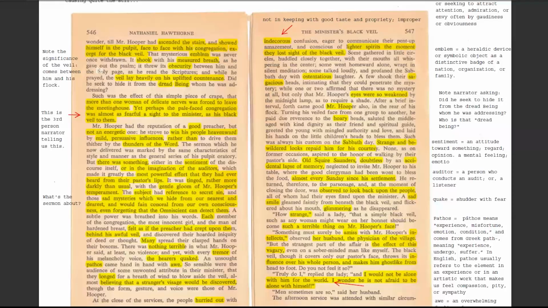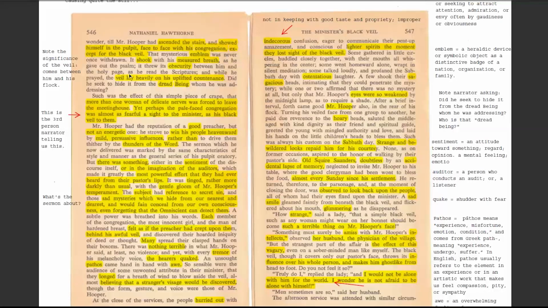The mysterious emblem, see, it's not just a veil anymore, it's an emblem, was never once withdrawn. So he never moves it, he never takes it off. It shook with his measured breath as he gave out a psalm. So he's doing psalms, prayers, right? It threw its obscurity between him and the holy page.